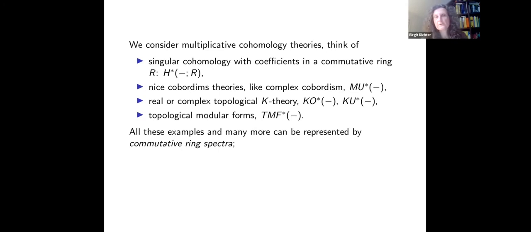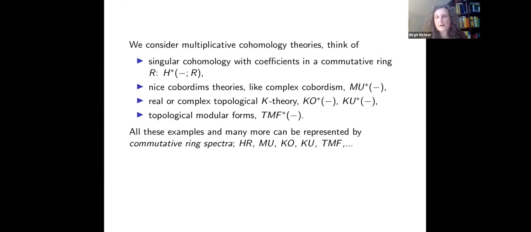For K-theory, you have the tensor product of vector bundles. So in the first three examples, coming up with the ring structure is not that hard, or you have a geometric feel for it, or you're used to it from singular cohomology. In the fourth example, that's less clear, but all these things can be represented by commutative ring spectra, which means that your cohomology theory evaluated on a space X is just the group of homotopy classes of maps from your space into this representing object.